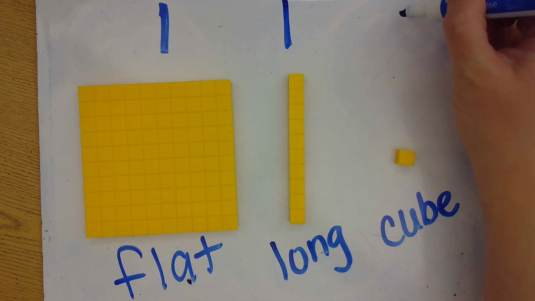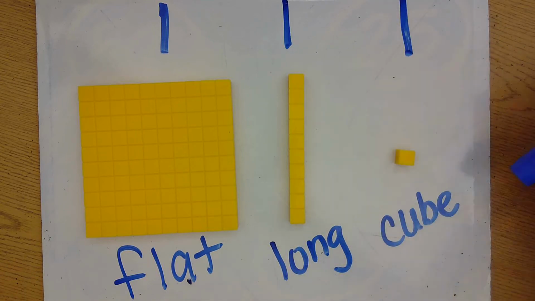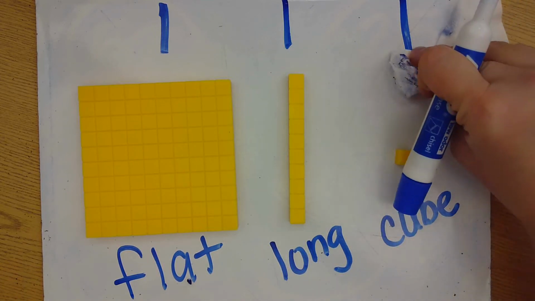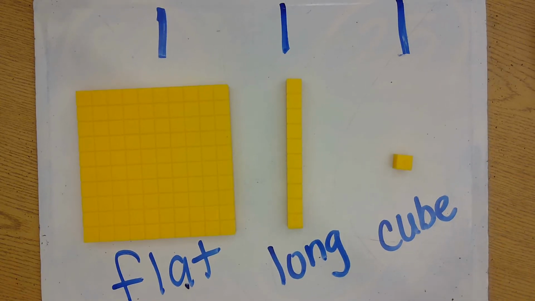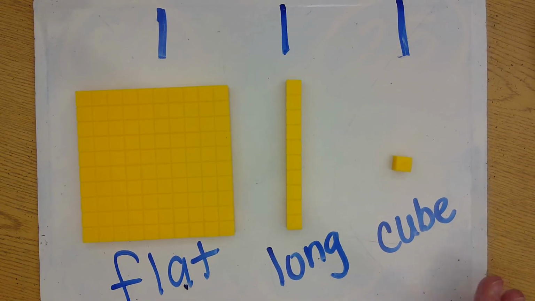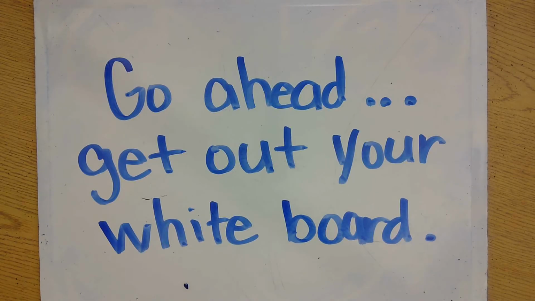And there is 1 cube, and so that represents 1 in the ones place. So if I had to come up with a number using these base 10 blocks, I would say this number is 111.